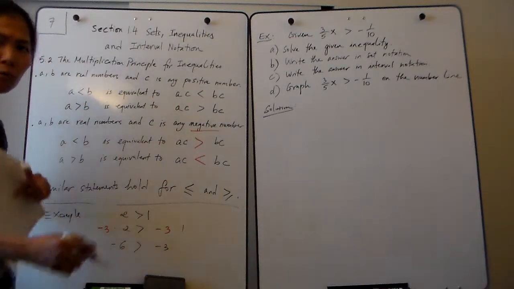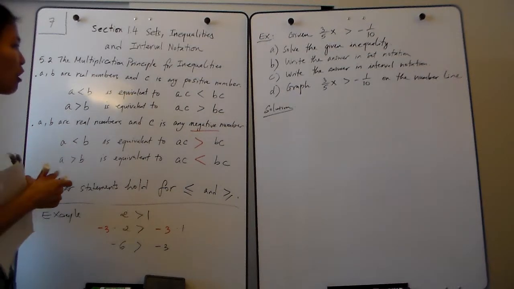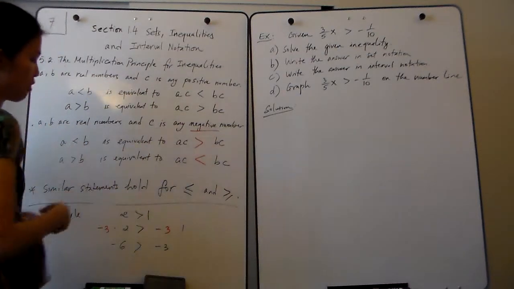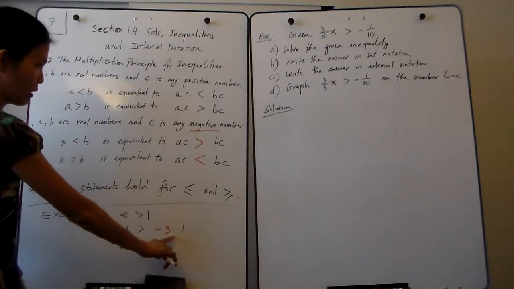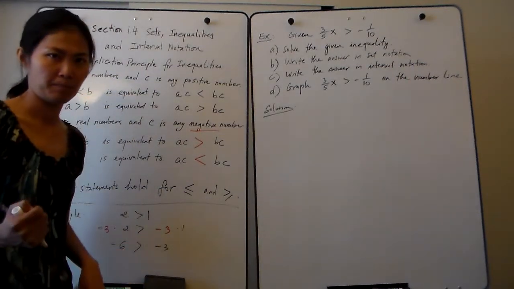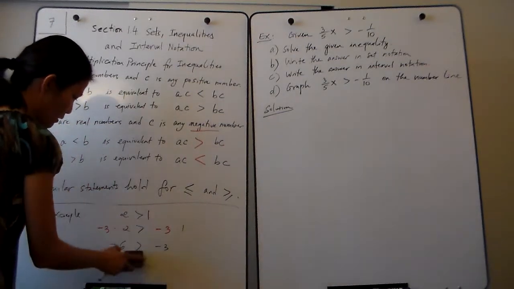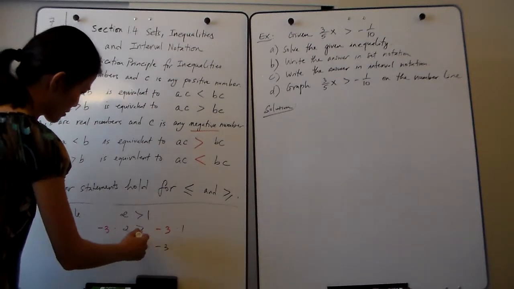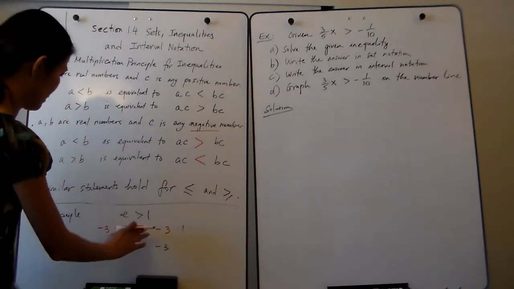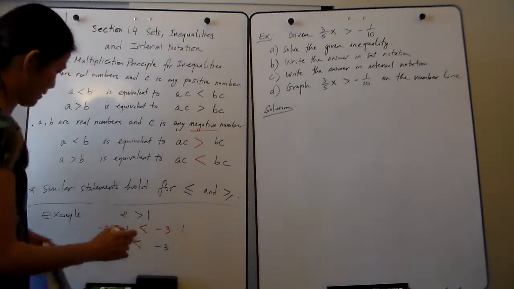So what would we do? Again, remember, if you multiply a negative number on both sides of an inequality, like -3 in this case, you need to reverse the inequality.